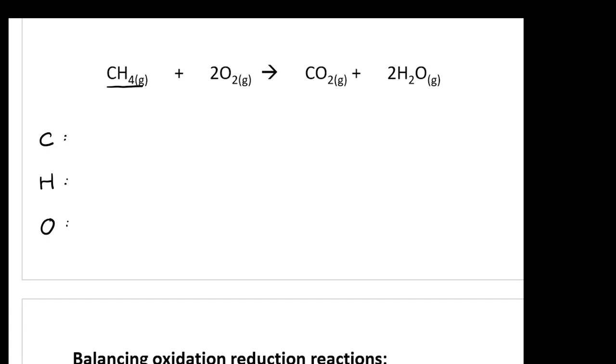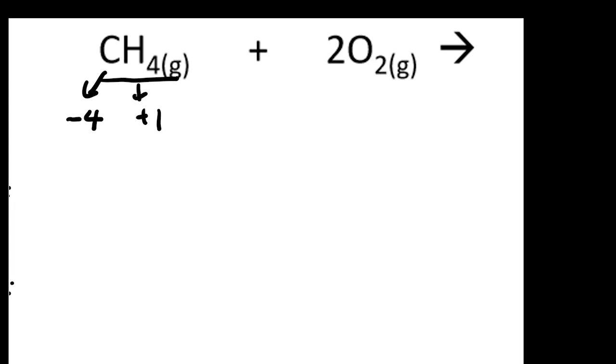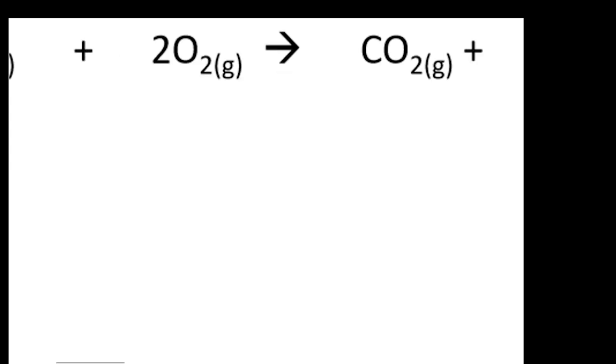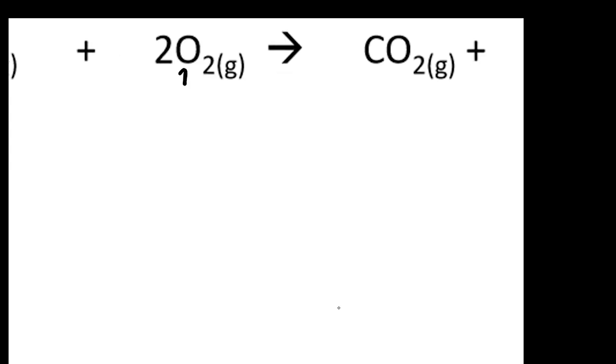CH4 is a neutral species, and here you should use the rule that H always carries +1. So you know here H is +1. That means your C will be -4. You need to do this calculation very fast. So C is -4, H is +1. How about O2? What's the oxidation number of O? 0, right?